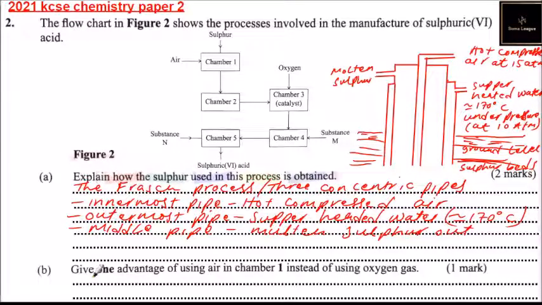Part B, give one advantage of using air in chamber 1 instead of using oxygen gas. So we can say air has oxygen, so it is a cheap source of oxygen. You can also say it's readily available. We can just get air from the atmosphere.